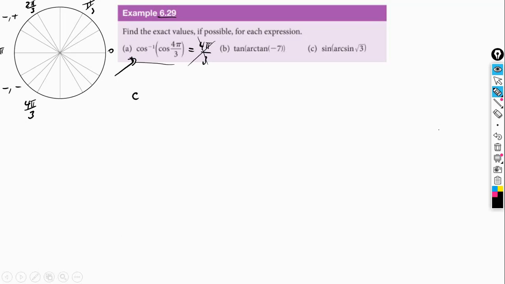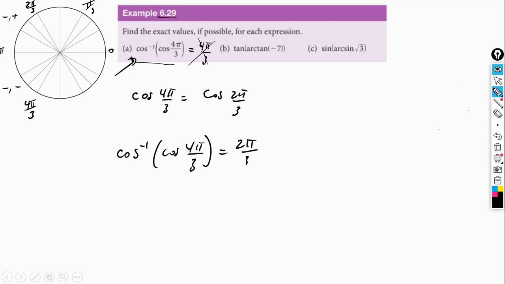So we have that cosine of 4 pi thirds is equal to cosine of 2 pi thirds. So this would allow a solution for this, right? So that means that the solution for inverse cosine of cosine of 4 pi thirds is going to be 2 pi thirds. Now, this was a solution for A.